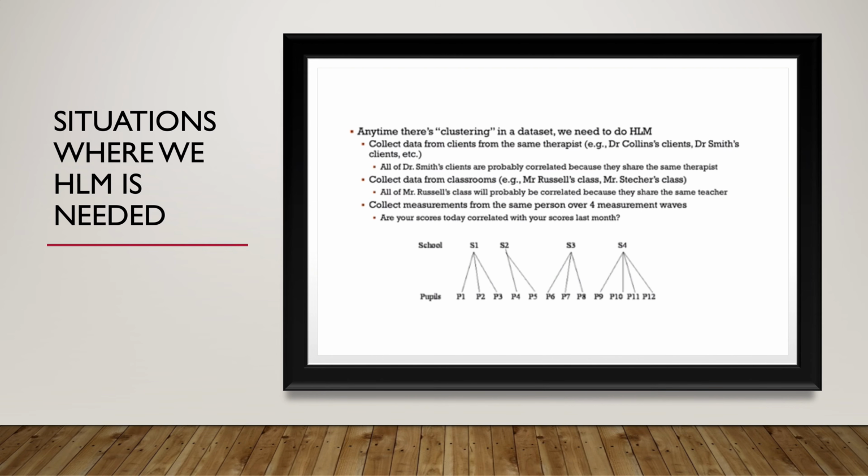Situations where HLM is needed. Well, anytime there's clustering. In other words, the examples I threw together here: a therapist, we have different therapists, we have different classrooms. And of course, the ideal way to violate independence is to measure the same person at different time segments.